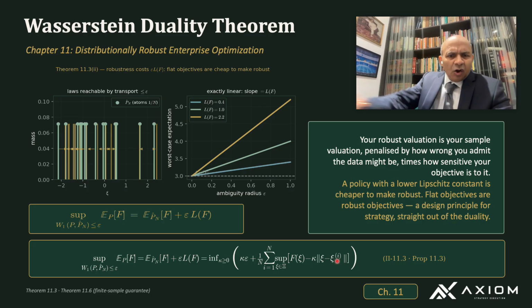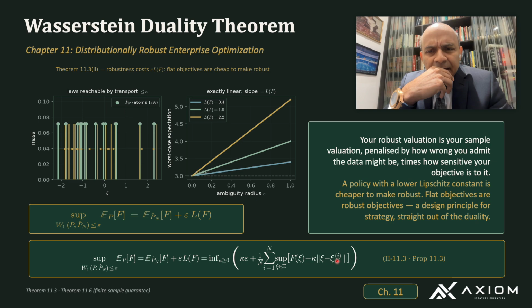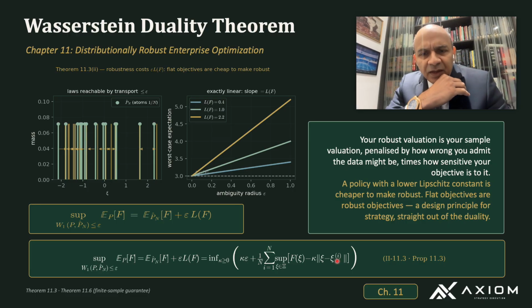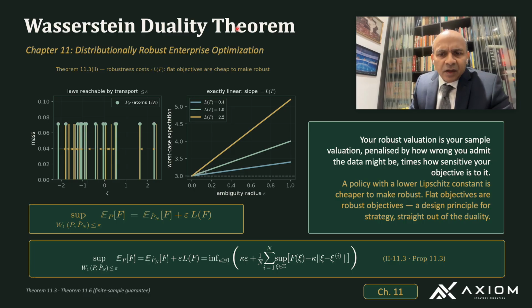Instead of searching over infinitely many distributions, Wasserstein duality reduces the problem to a finite optimization that prices how far probability mass can move away from the observed data. Wasserstein robustness converts uncertainty about the probability law into a transparent penalty for both the size of the ambiguity set and the sensitivity of the enterprise objective.